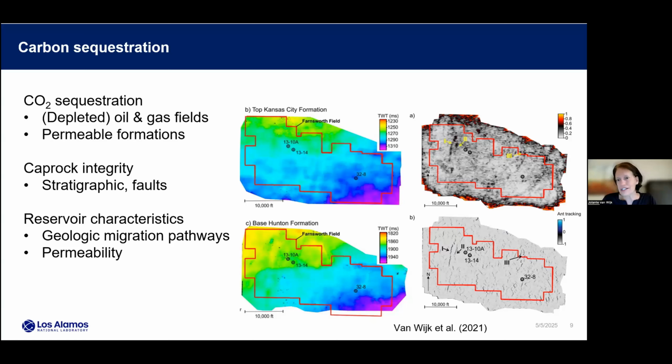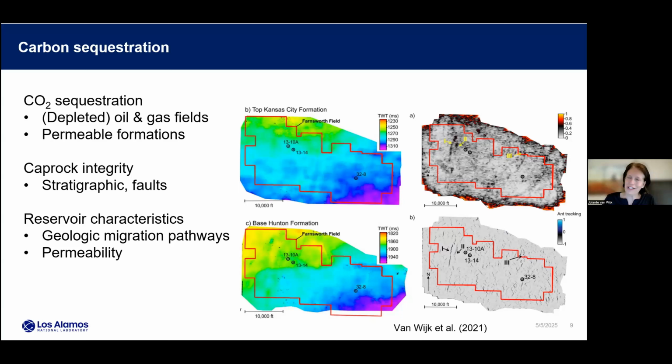And towards the right, you can see an example. You're looking at the left two maps show top depth of several formations in which CO2 is being injected. Towards the right, you can see seismic attributes that we're using to understand any variability in the caprock or the reservoir rock. Also, understanding the reservoir rock where the CO2 is injected into is very important.